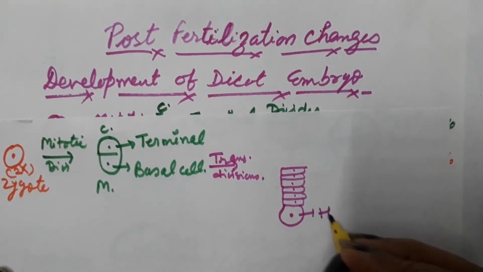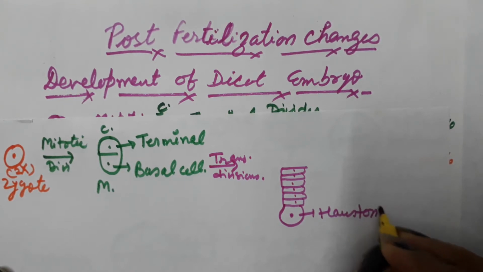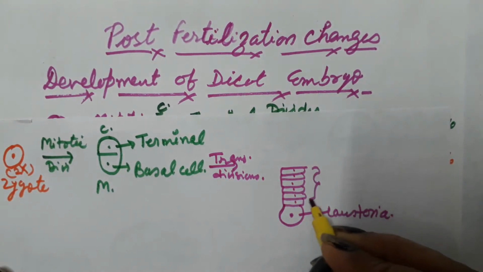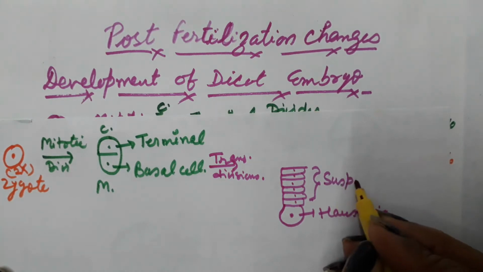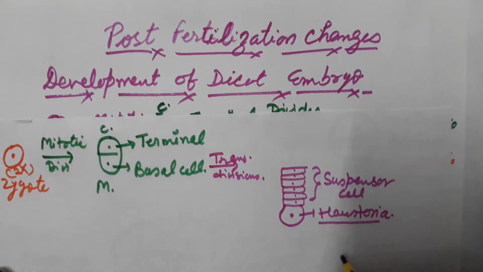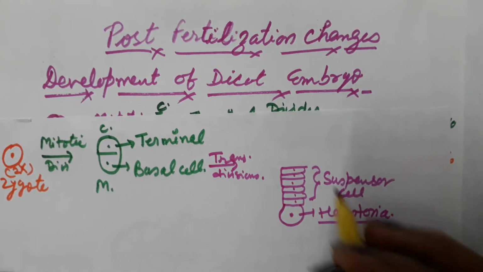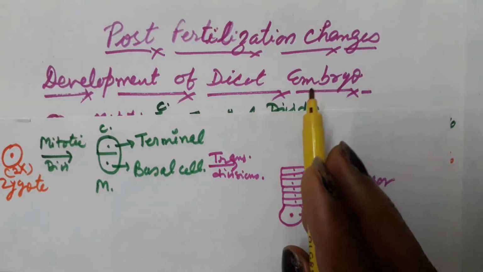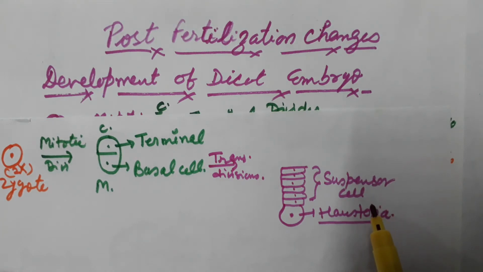We call it haustoria. These are the suspensor cells. What is the function of haustoria? Haustoria push the developing embryo towards the endosperm.